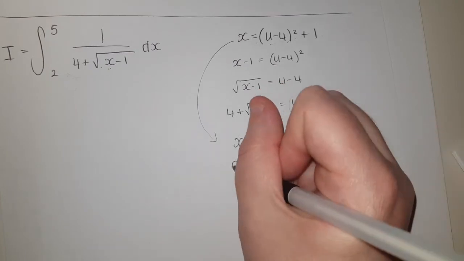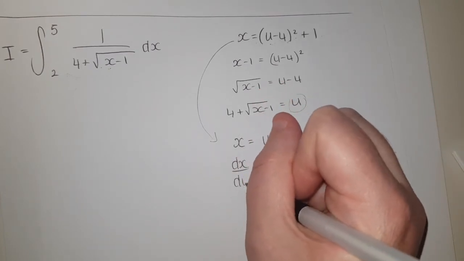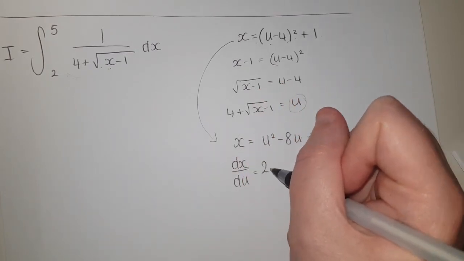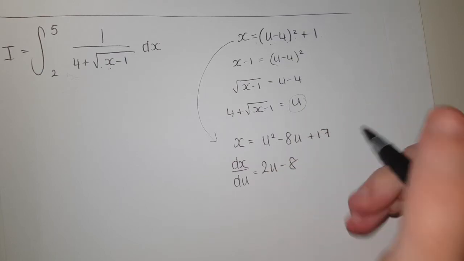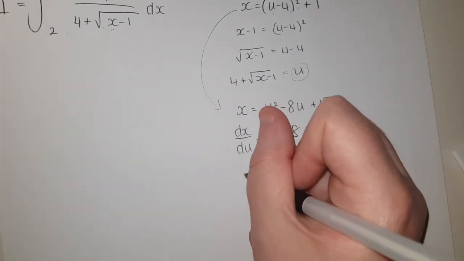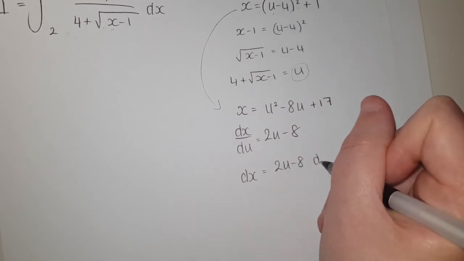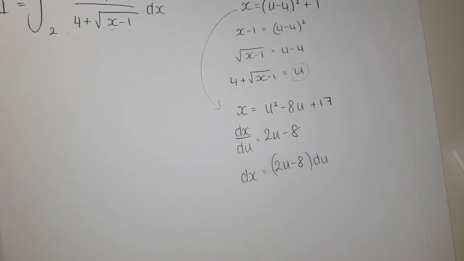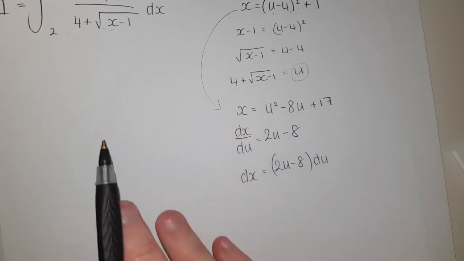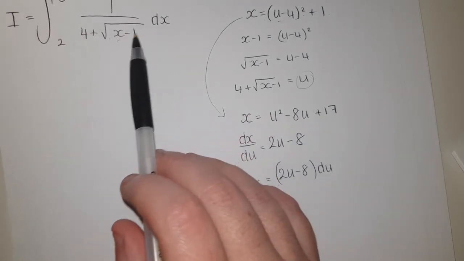That is much easier to differentiate. So u squared becomes 2u, 8u becomes 8, and 17 disappears. So I can say that dx is equal to 2u minus 8 du. So I've now got everything that I need to replace in terms of the x's.